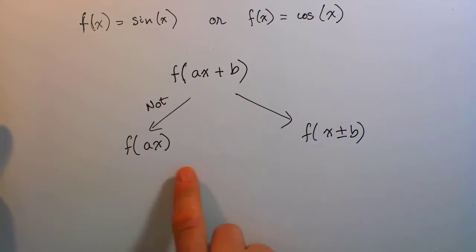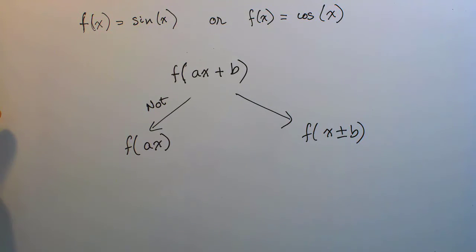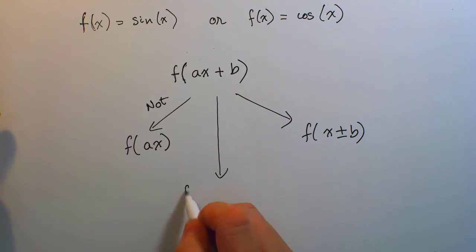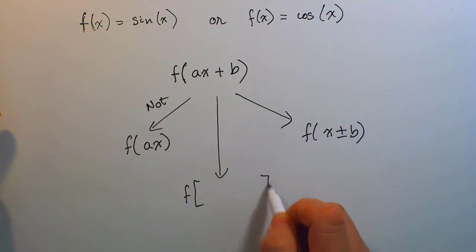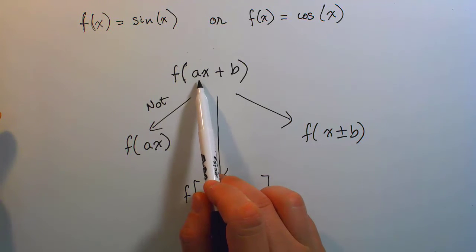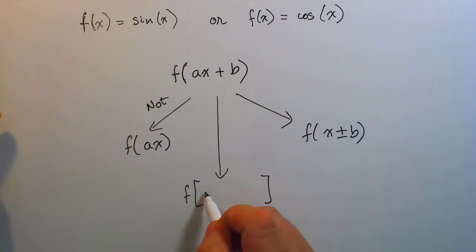So how do we recognize it clearly? The trick is to put the linear expression inside of our function into a factor form, where we completely factor out the coefficient a. It could be positive, it could be negative, so make sure you watch the sign carefully.